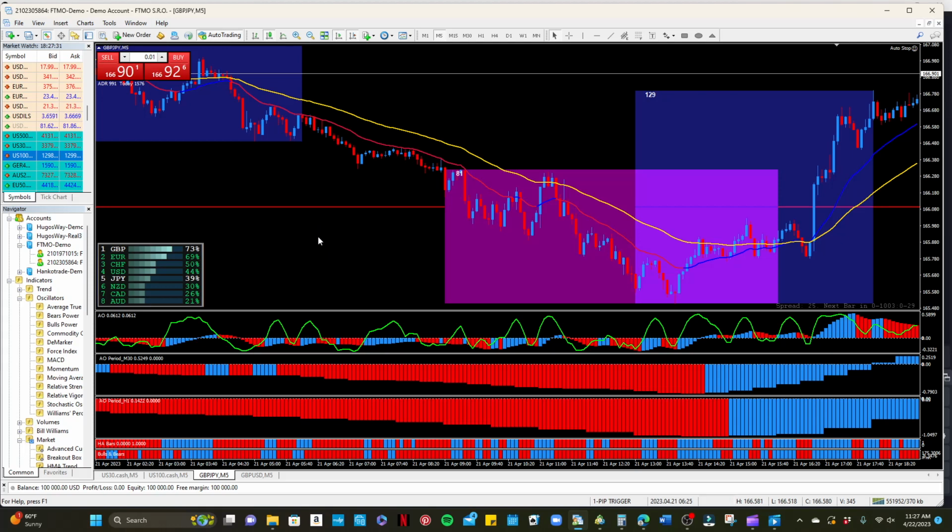At that point in time, the pound would have been on the bottom and the JPY would have been at 5 or above, letting you know that we're going to sell the pound. We're going to sell the pound because the pound is at the bottom and the JPY is at the top, so the pound is the weakest.